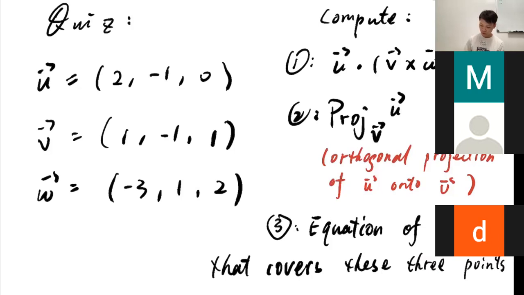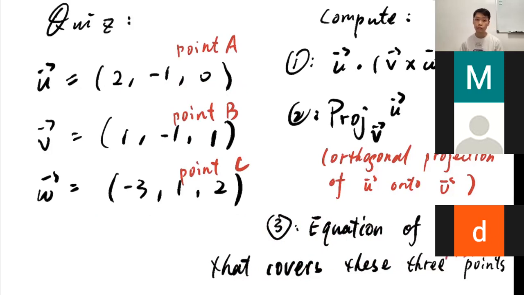All right, so for number 3, consider this is point A, point B, point C. So find the equation of a plane that contains point A, point B, and point C.